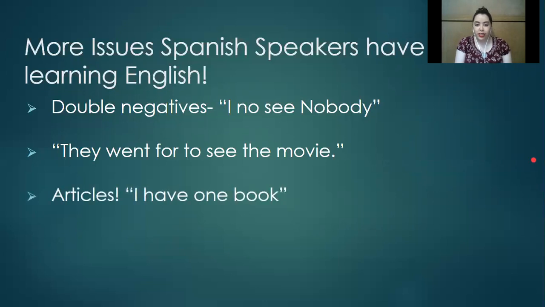And then the articles, they might have trouble with, you know, knowing when to say one or the or a, because they use the articles a little differently in Spanish. So they might say, I have one book instead of I have a book.